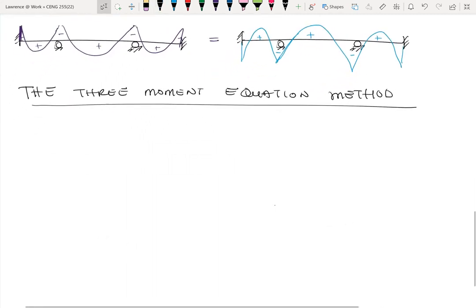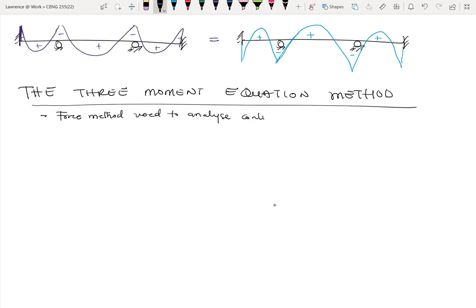So this is a method used to analyze continuous beams. Okay. So let me just indicate, it's called a force method. We'll look at what these things are. Force method used to analyze continuous beams.